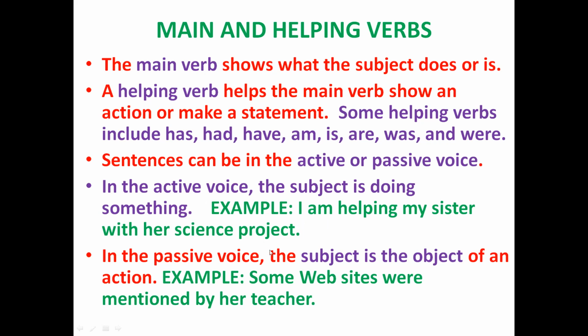In the passive voice, the subject is the object of an action. Example, some websites were mentioned by her teacher. So in active voice, we see the subject is at the beginning of the sentence and the object is at the end of the sentence. I am helping my sister with her science project.